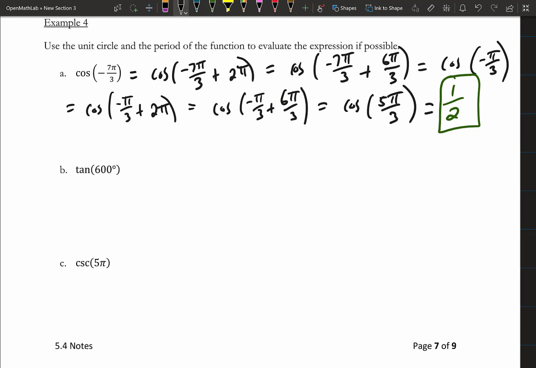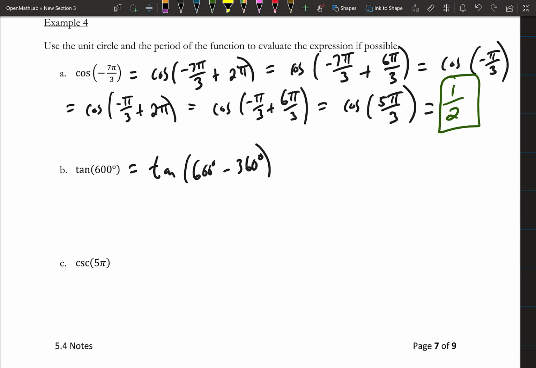Right, so then tangent of 600 degrees would be equal to tangent of 600 degrees, and I'm going to subtract 360 degrees. Right, that's still a multiple of the period. Well, actually, I'm doing it twice.